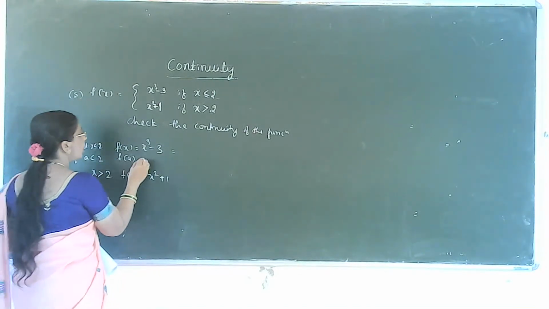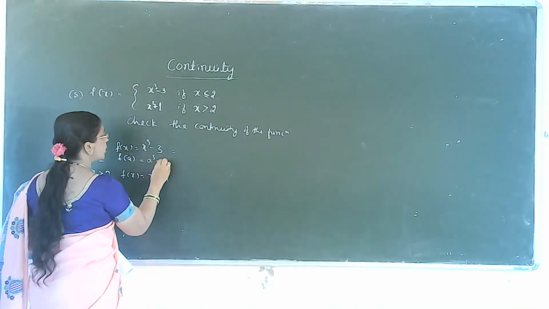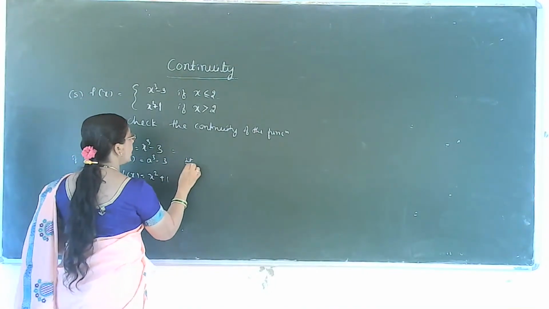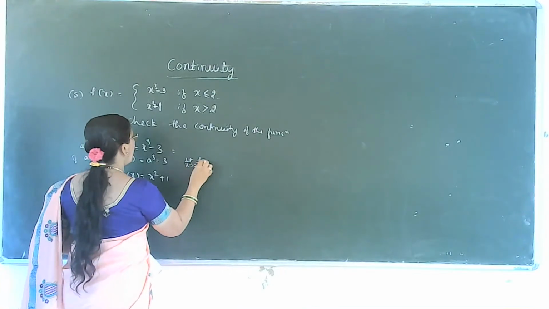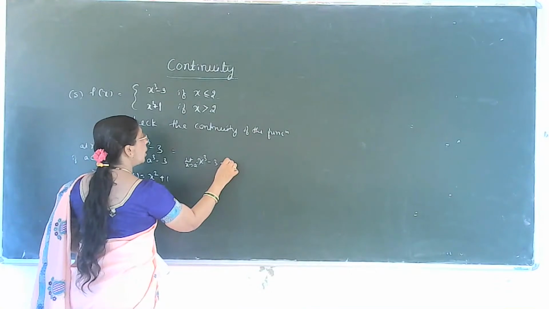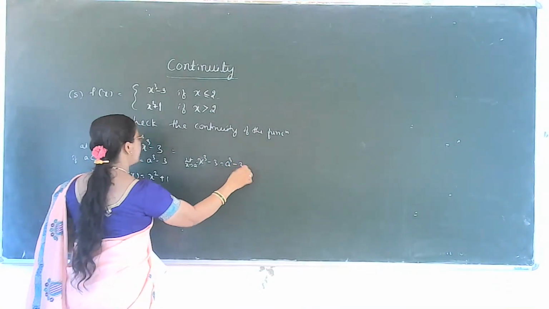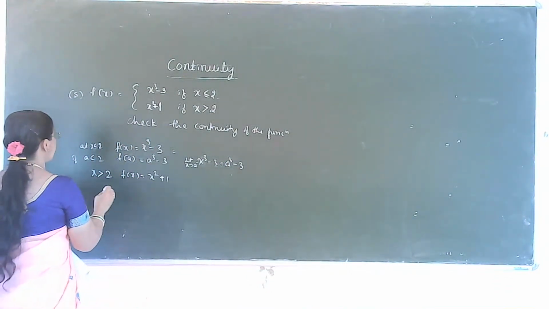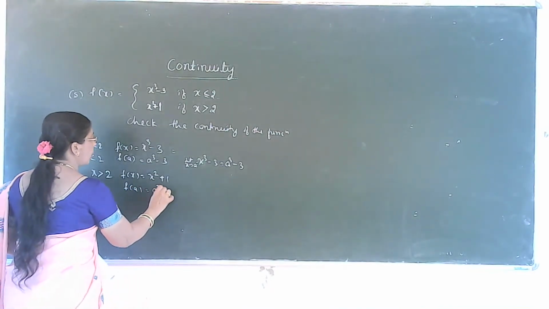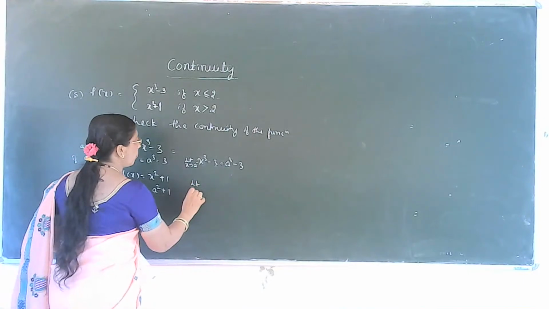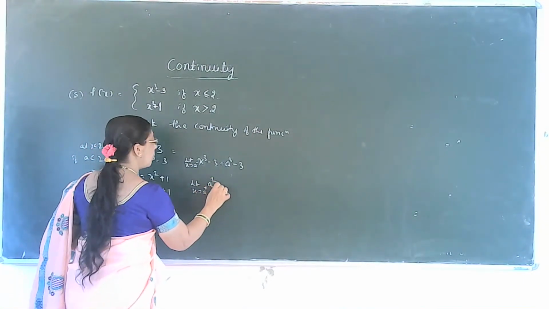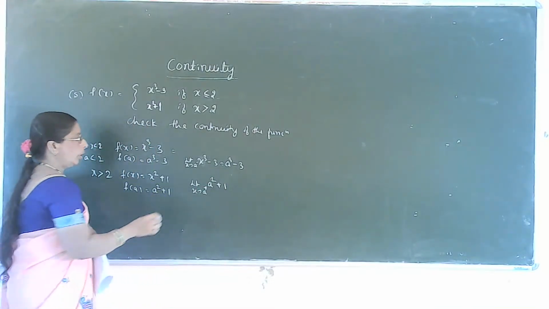If a is less than 2, f of a is equal to a cube minus 3. Then the limit of the function as x tends to a, f of x or x cube minus 3, is also a cube minus 3. Then here also check the continuity. f of a is equal to a square plus 1 and the limit of the function as x tends to a is a square plus 1.